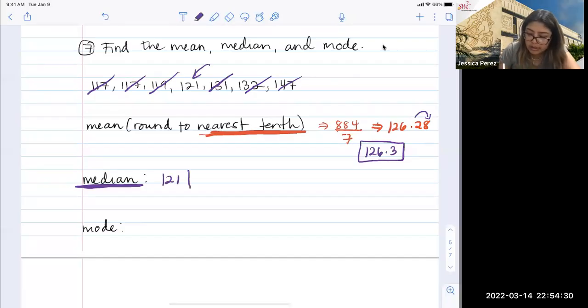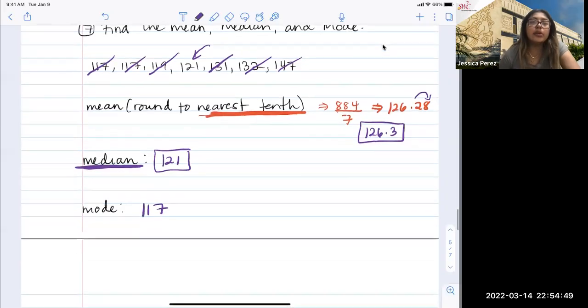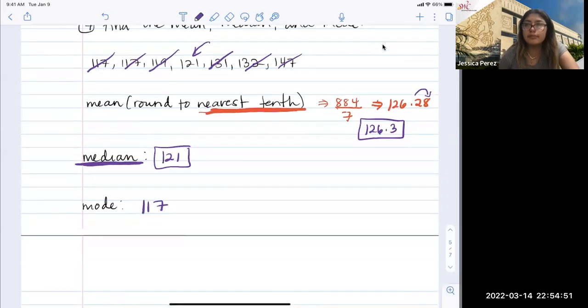My median is 120. The mode is the number that repeats itself the most, which is 117. There might be no mode at all. There might be no number that repeats, so that means there's no existence of a mode. But in this case, the mode was 117. Okay.